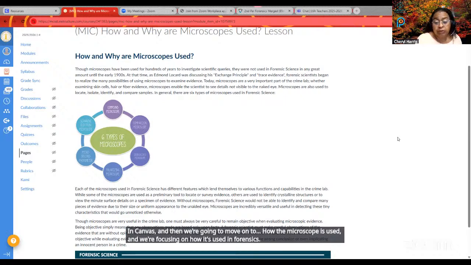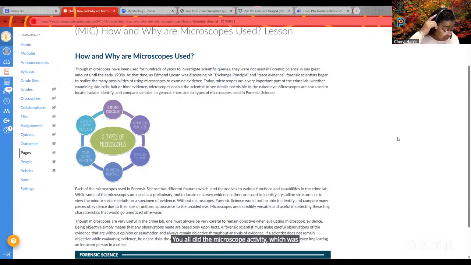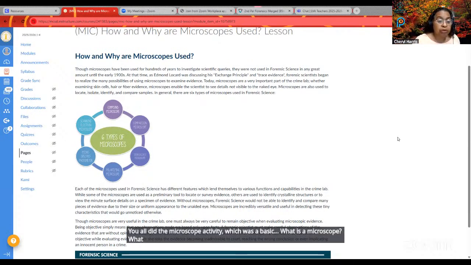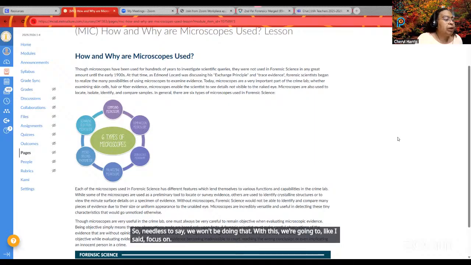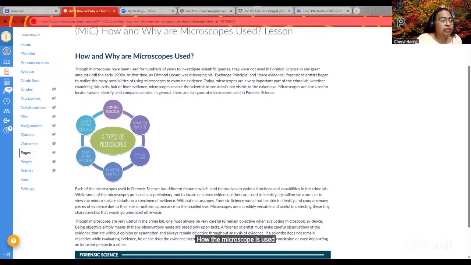You all did the microscope activity, which was a basic, what is a microscope? What are all the parts of the microscope? So needless to say, we won't be doing that with this. We're going to focus on how the microscope is used in forensics. Why is it important?